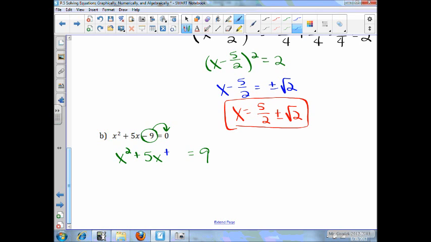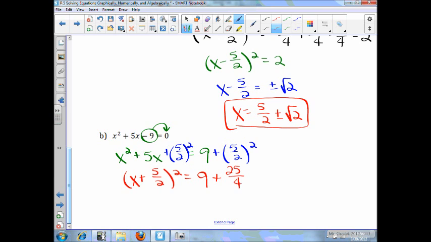Half of 5 is 5 halves. We're going to factor, so x plus 5 halves squared is equal to 9 plus 25 over 4.